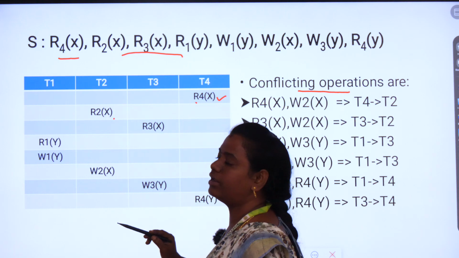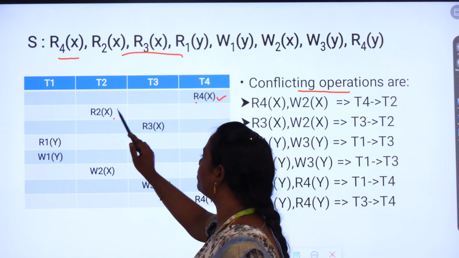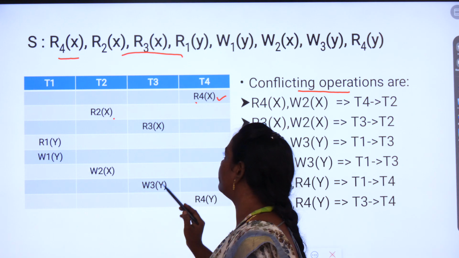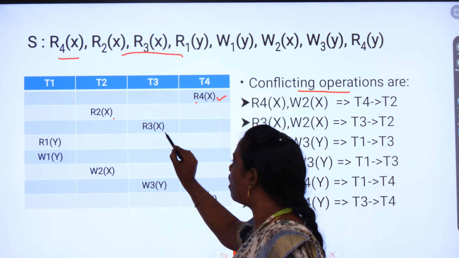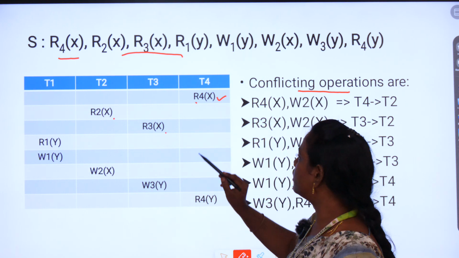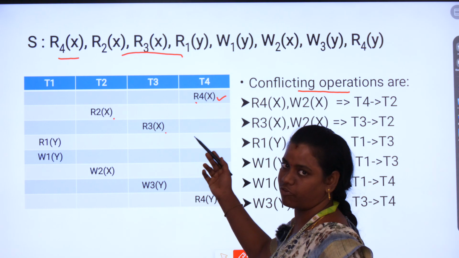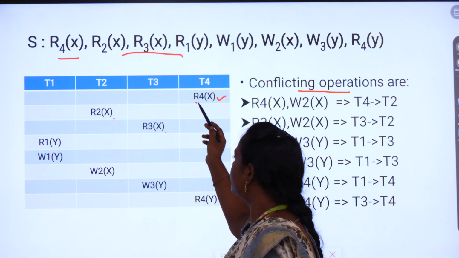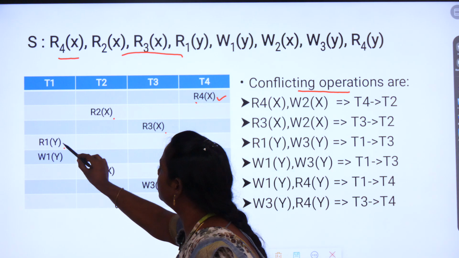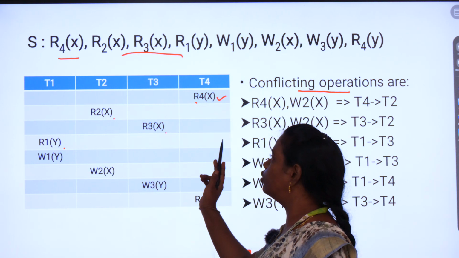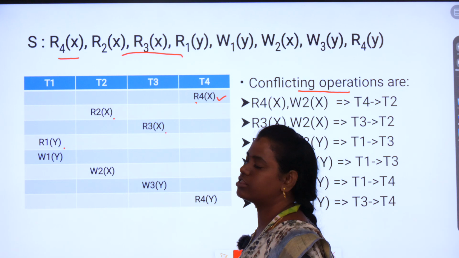Both are read operations, so definitely there is no conflict. Next I am going to check with R3 of X. Here there is no conflict, because both are performing read operations. And next I compare with R1 of Y. Both are read operations, so definitely there is no conflict.